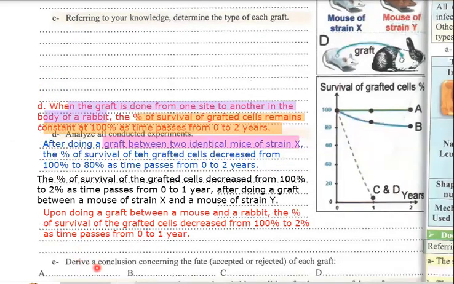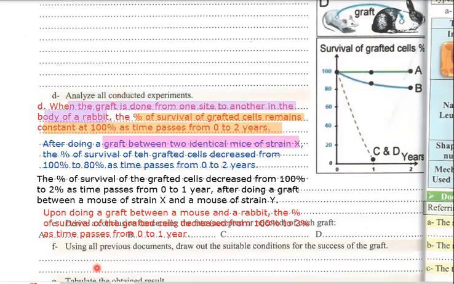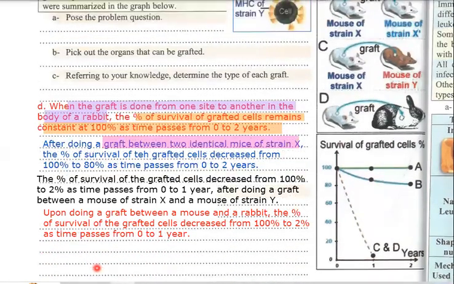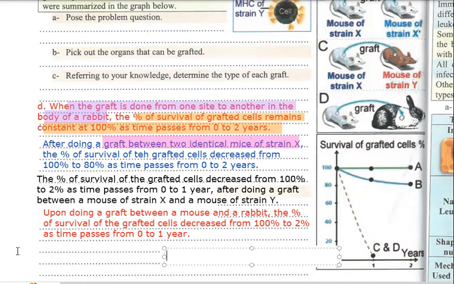Derive a conclusion concerning the fate, meaning accepted or rejected, of each graft. This is a conclusion, so we should say, I conclude that. What do we conclude? Which grafts were rejected and which were accepted?